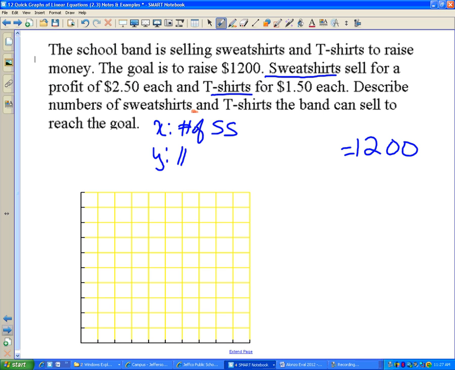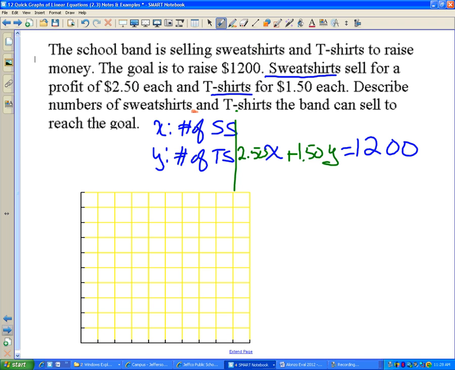Y is the number of t-shirts. So I'm selling X sweatshirts at $2.50 each, and Y t-shirts at $1.50 each. That's my equation to find my X and my Y.